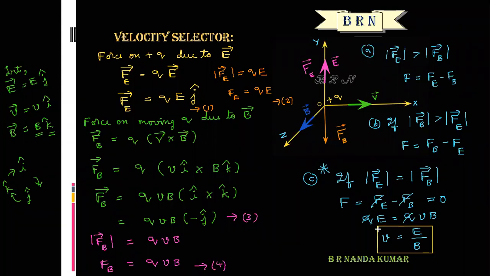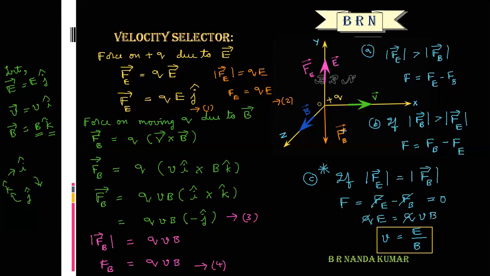The ratio of electric field to the magnetic field is called the velocity selector. This arrangement is used for selecting charged particles of same velocity from a beam of particles moving with different velocity.